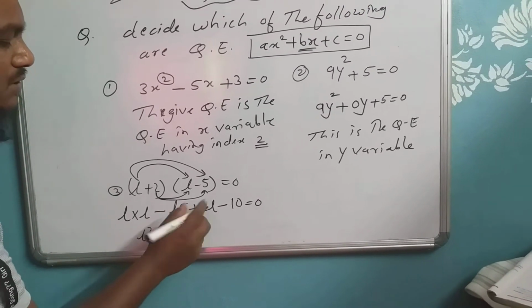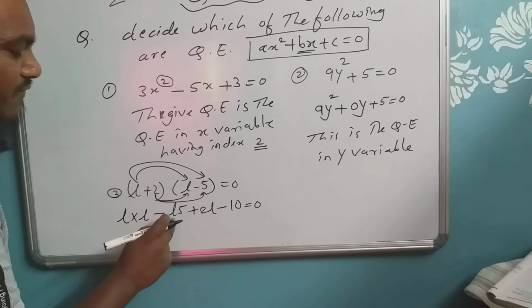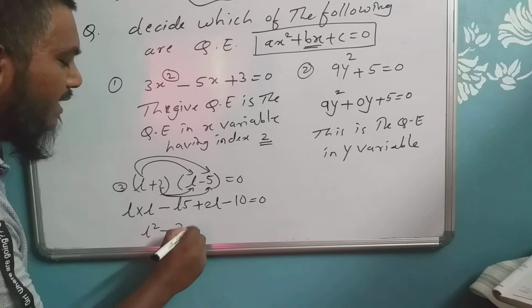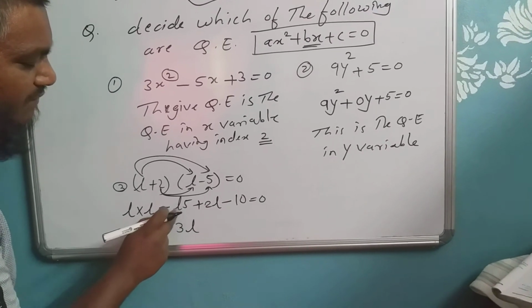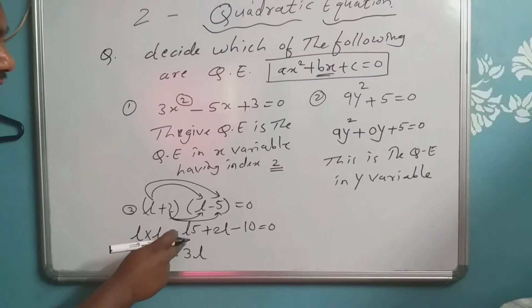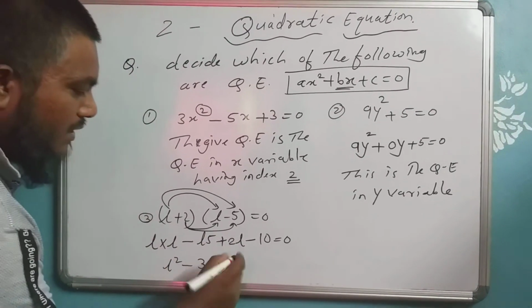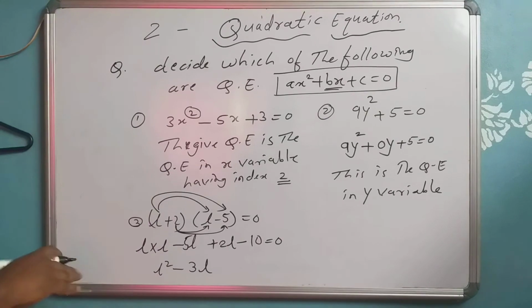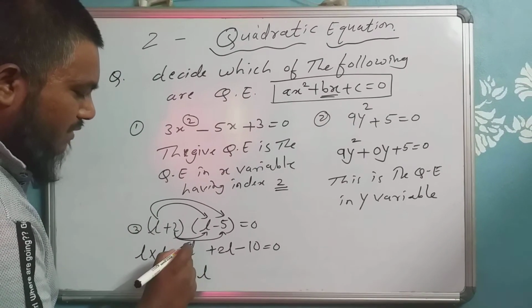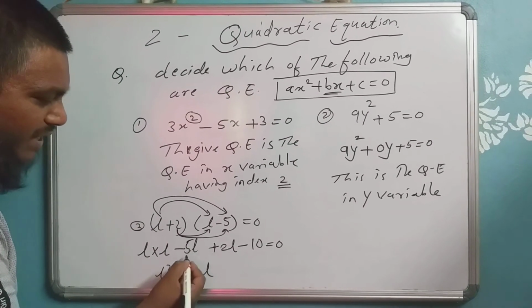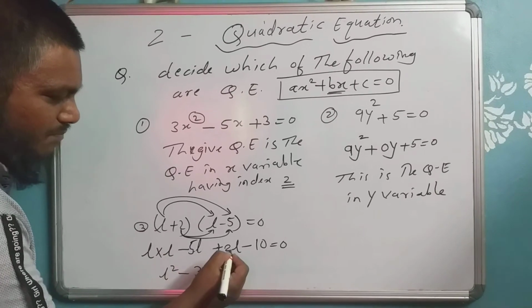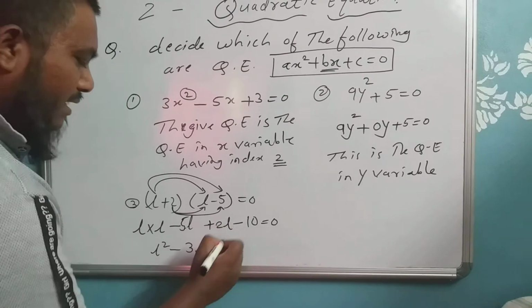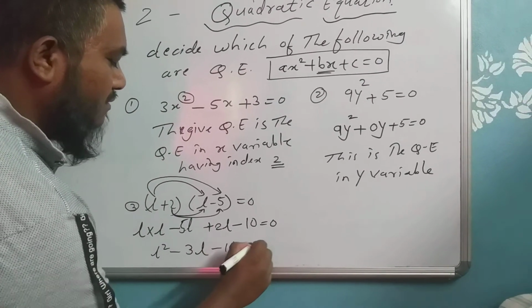5L plus 2L. Minus 5L plus 2L becomes minus 3L, because 5L has the negative sign and is the greater number. 5L and 2L: minus 5L plus 2L, minus plus becomes minus, this will be minus 3L, and then minus 10 is equal to 0.